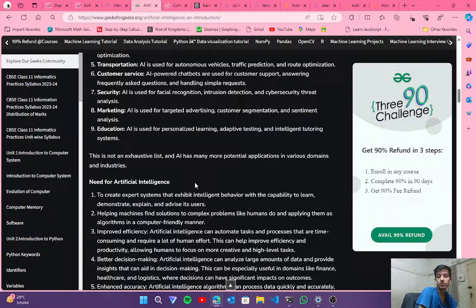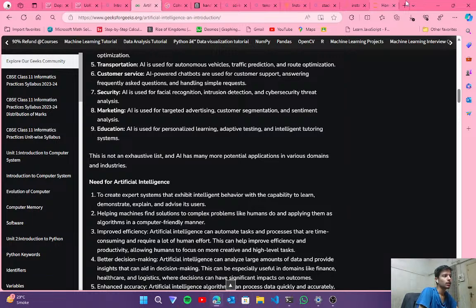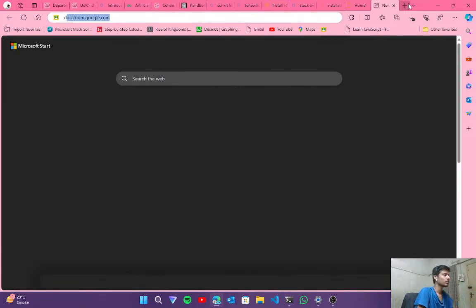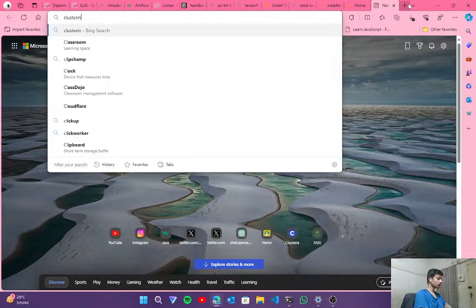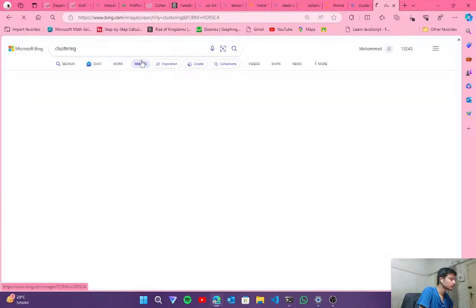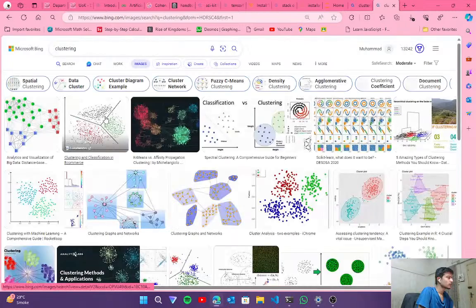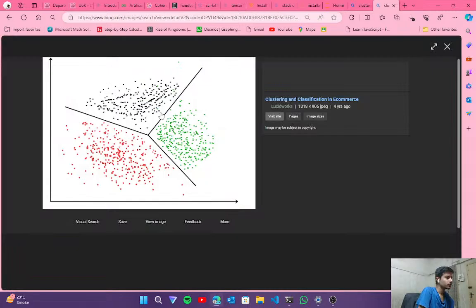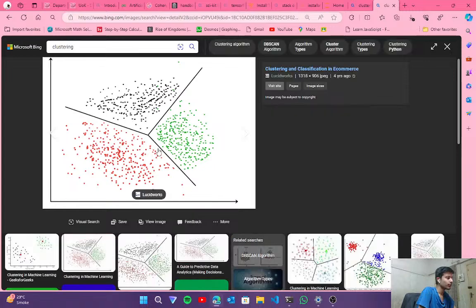Okay, so I just remember the name. It is clustering. Now I'll show what clustering is. Dividing data like this in a proper manner where you're distributing the terms like the greens stay in the greens and the blacks stay in the blacks and the reds stay in the reds.